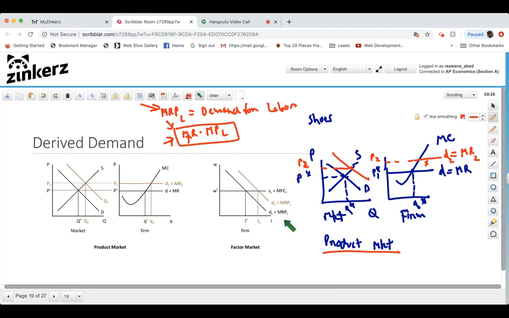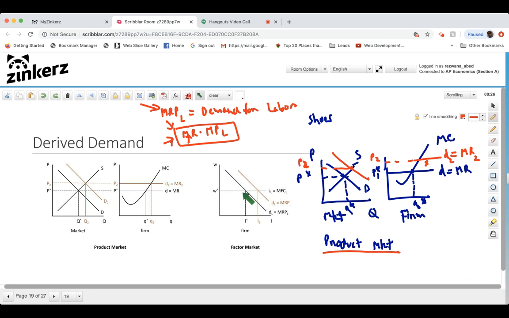So this is how it looks on the factor market. We had our initial demand curve, which is this black line, the DL, which is equal to the marginal revenue product of labor. And because we know that they face a perfectly elastic supply curve, this is equal to their wage, and SL, the supply of labor, is also equal to the marginal factor cost of labor.